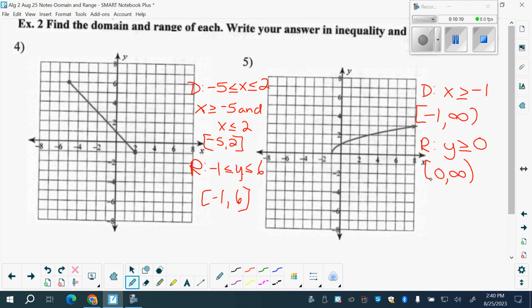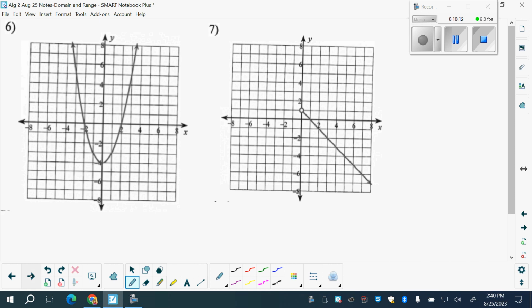You guys still looking at that? Okay, number 6, domain. Emma, what do you think about the domain? Yes, so negative infinity less than x, less than infinity.